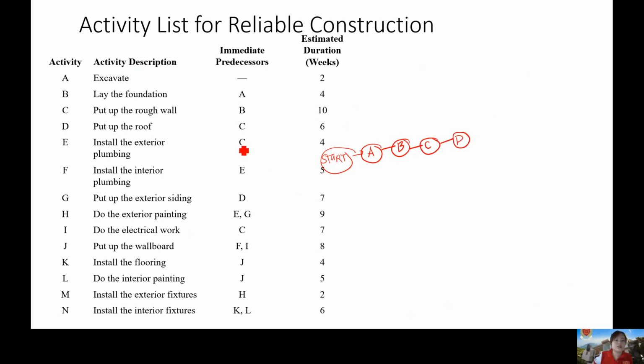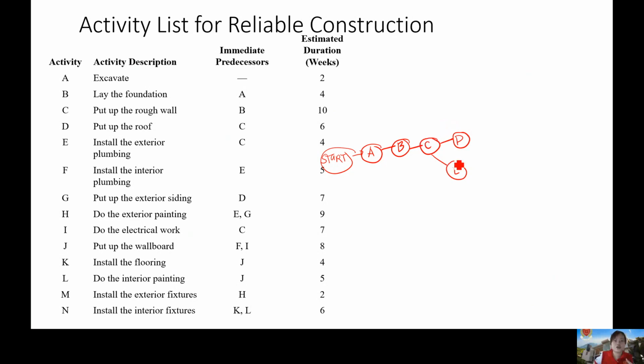Then E after C. So I would be connecting E here. You are not restricted in where you place it, as long as they are connected to the right predecessors, it's okay.